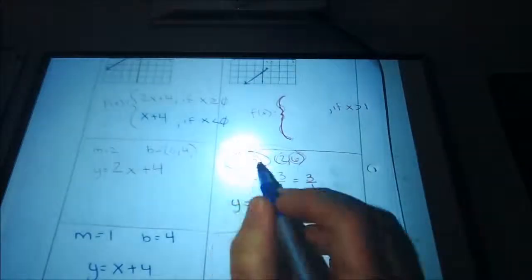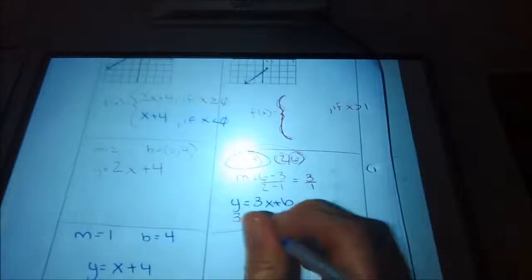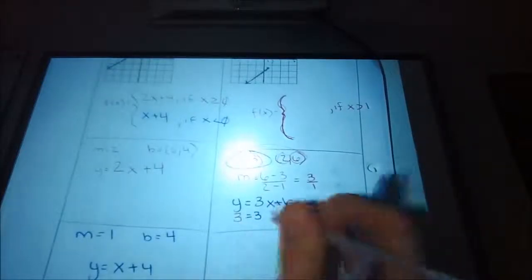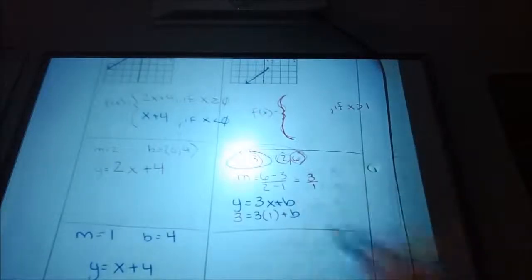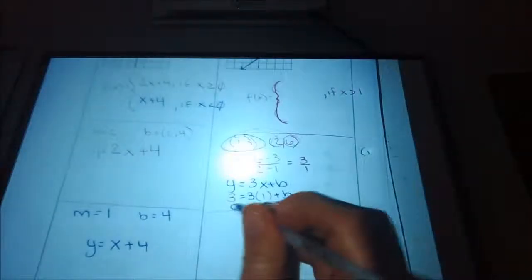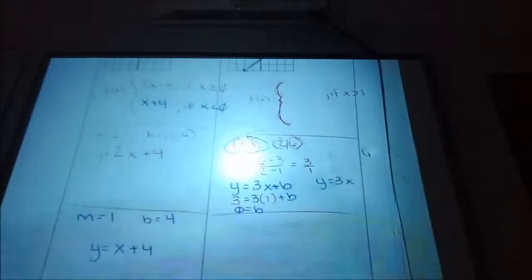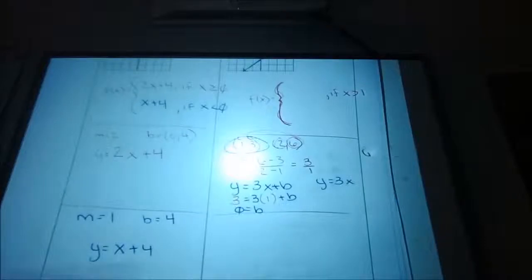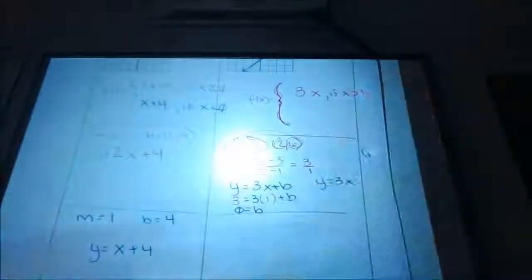I have a point 1, 3, so I can plug in 3 for y and 1 for x, and that's going to give me my b value. b equals 0. So I have y equals 3x. That's it, because b equals 0. So f of x equals 3x if x is greater than 1.